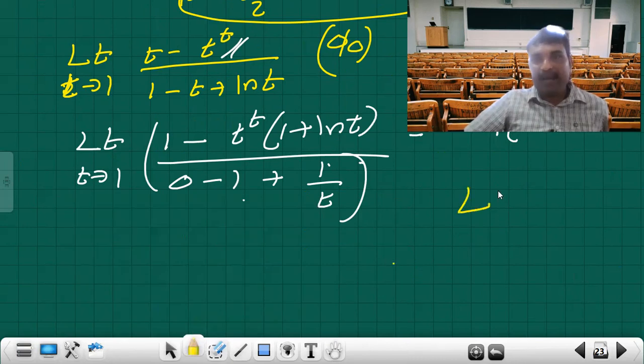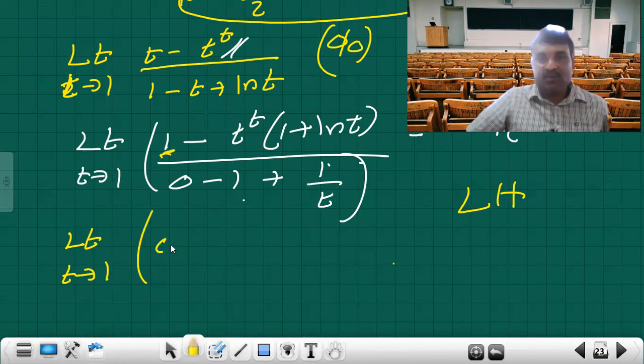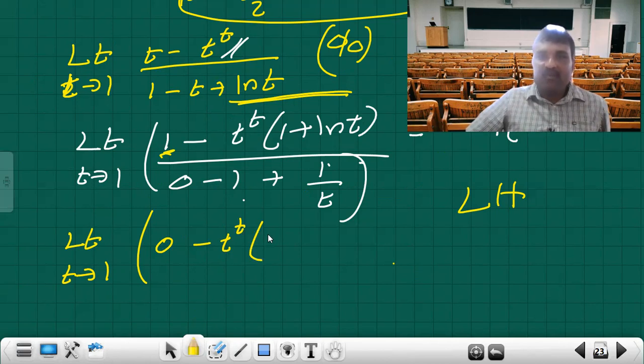So again apply that. So we can write limit t tends to 1. The derivative of 1 is 0. Now differentiate this by making use of chain rule. So minus t raised to t, this is kept constant. So derivative of 1 is 0 plus 1, right? Then minus 1 plus ln t is kept constant.